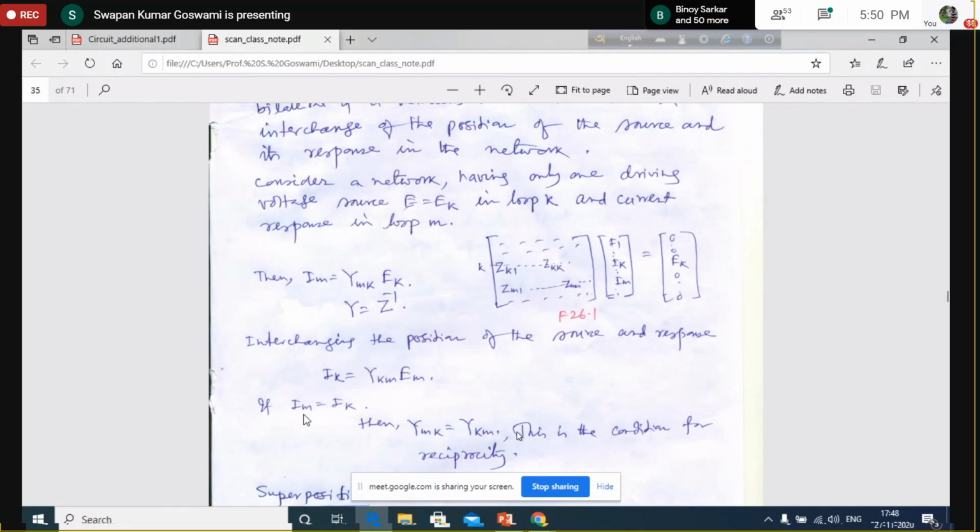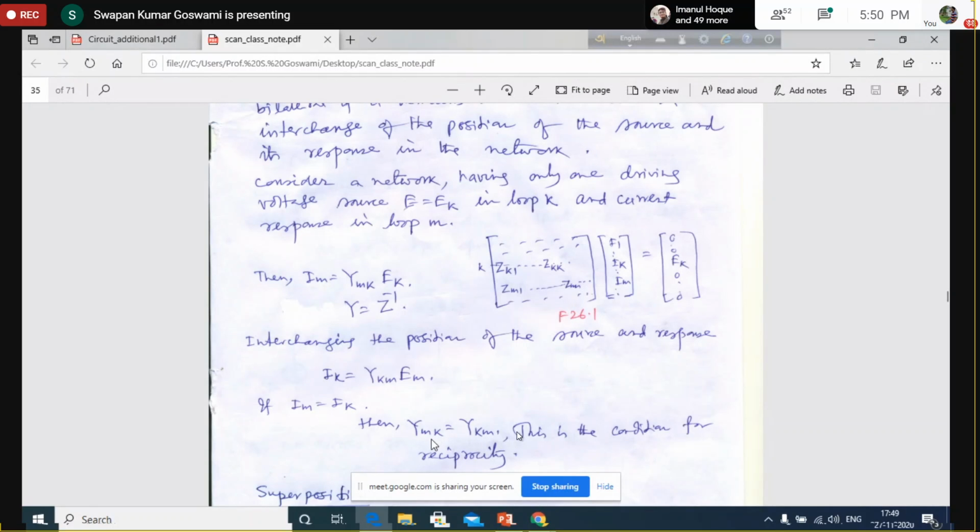So in that case, since IM and IK are equal, YMK EK will be equal to YKM EM. EK is made equal to E, EM also made equal to E. Both are kept the same. If we keep both the same, YMK is equal to YKM. That means in the loop admittance matrix, the mth row kth column equals the kth row mth column.